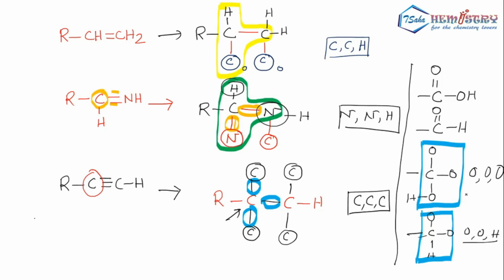The atomic number of oxygen is 8, 8, 8, and this one is 8, 8 and 1. So automatically the COOH group will get higher priority than CHO.